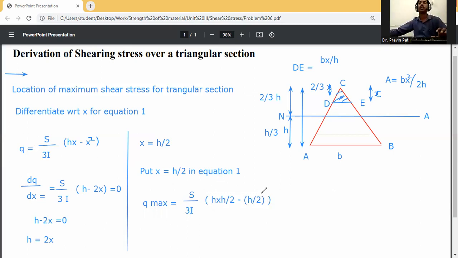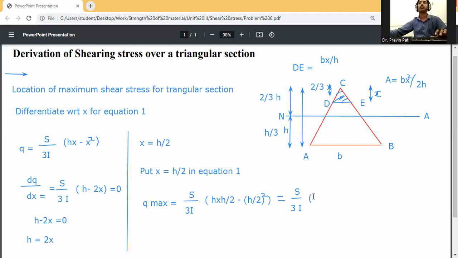So this one is h by 2 square. We get the final equation: S divided by 3I, in brackets, h square by 2.